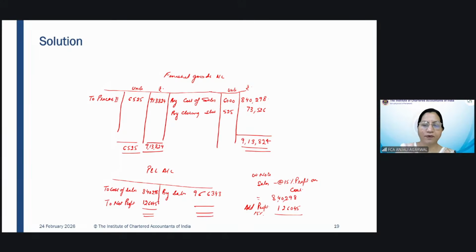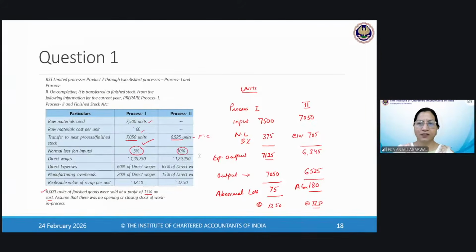So this is how you can prepare all the accounts. I hope this is clear, right? So this is the complete question, how you will manage process one, process two, finished goods, costing account. If you have any doubts here, please ask. Otherwise, I move on to our next topic, which is equivalent production.